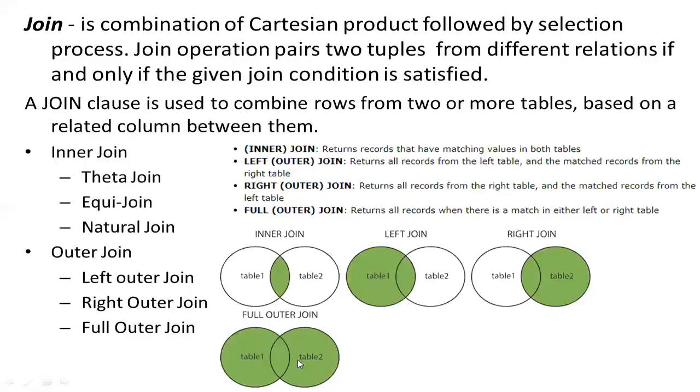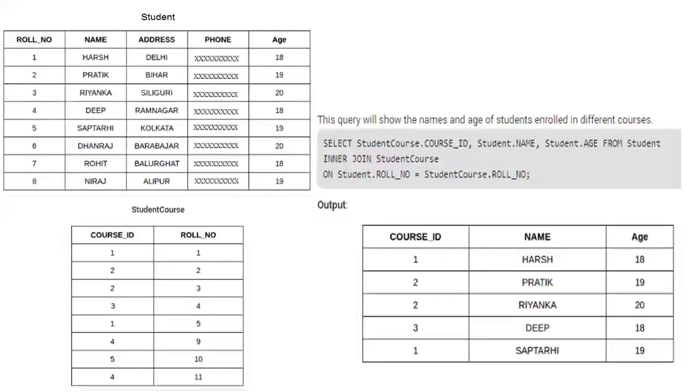Now let us discuss more on joins with an example. Here you can see two tables are given: student and student course. We'll write a query like this: select student course dot course ID. This is the second table's course ID. Then student dot name and student dot age, from the first table.